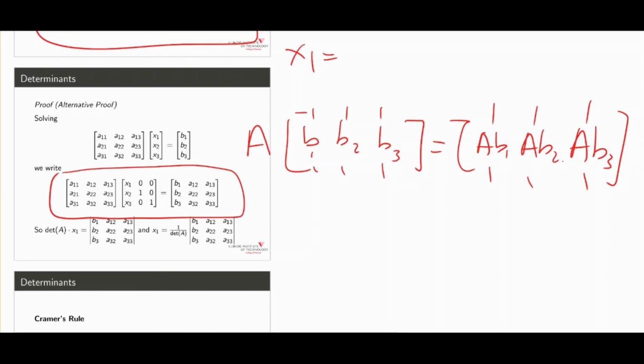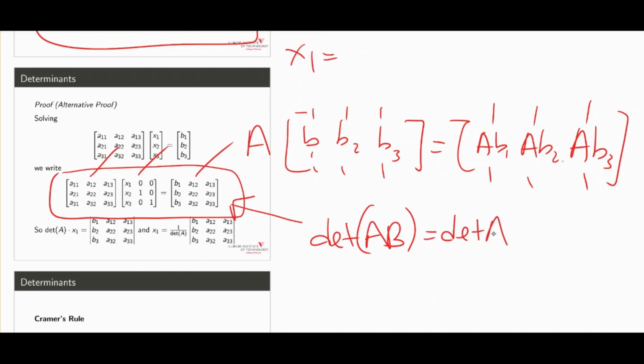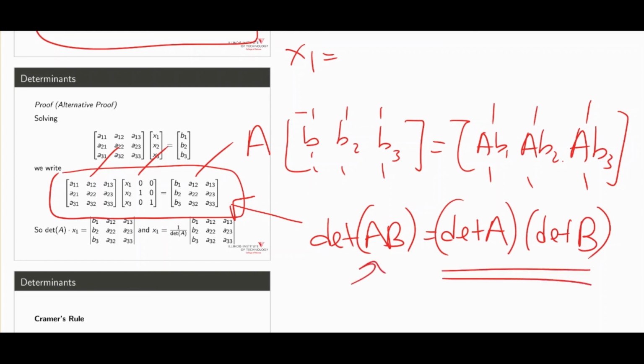So now, since this matrix multiplied by this matrix gives you this, they're all square matrices. So remember that the determinant of A times B, we proved that in the previous video, and spent tons of time doing that. So now let's use it. The determinant of the product of matrices is the product of the determinants.